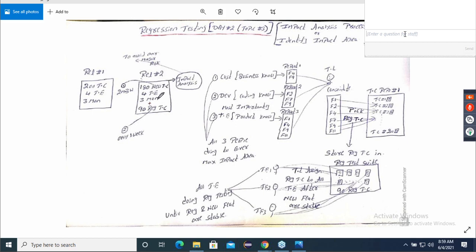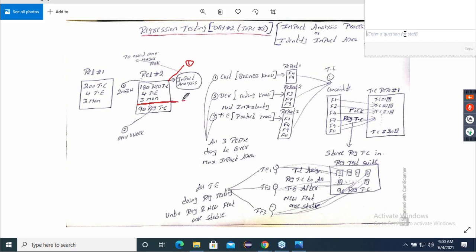Now the most important question here is, guys: if you want to do this regression testing, you have to do the impact analysis. Obviously. My question is, when should I do this impact analysis? This stage, the first stage, or this stage?